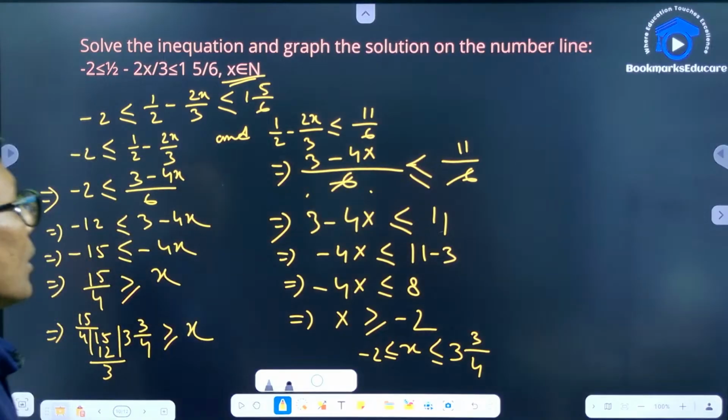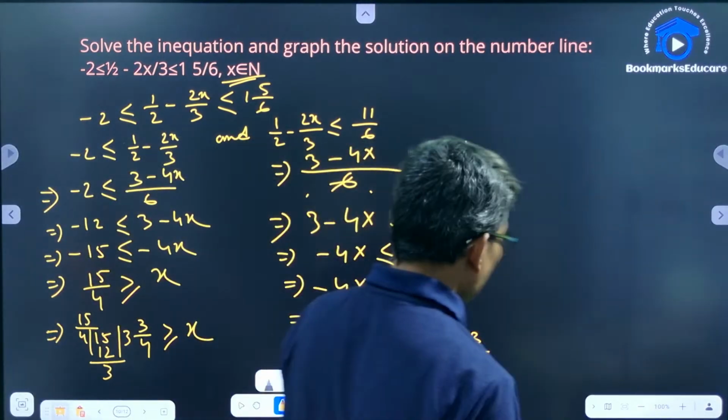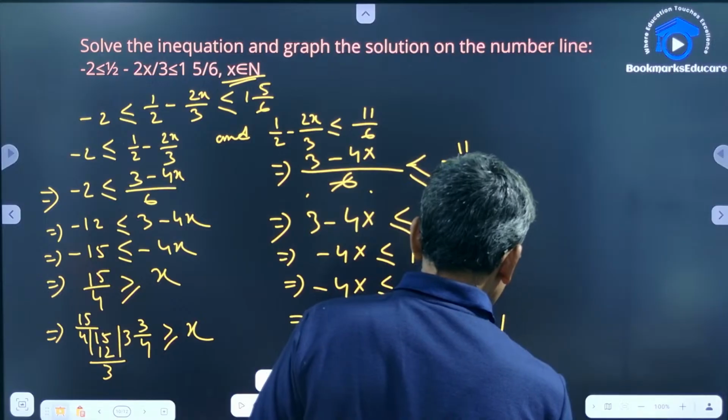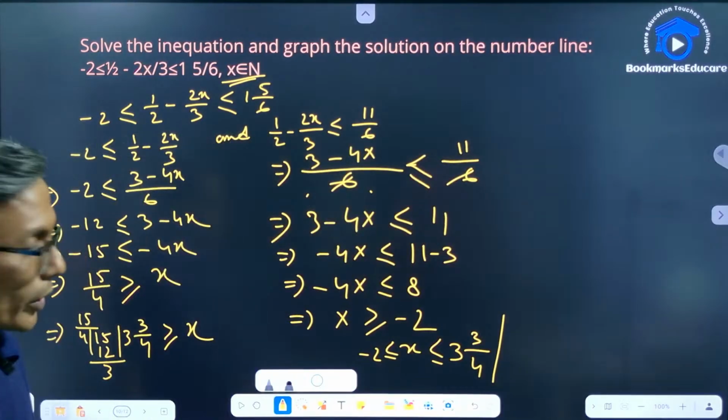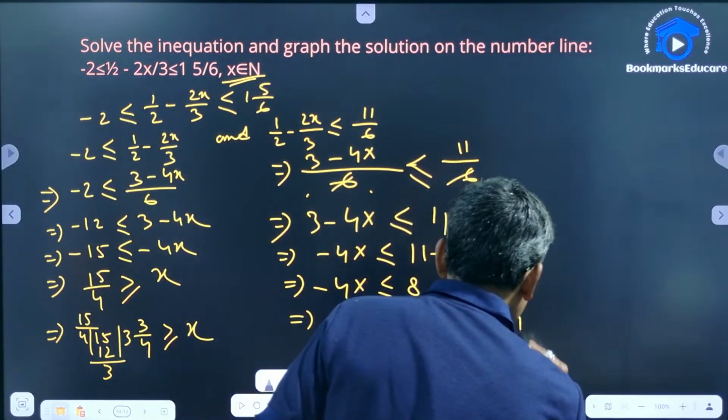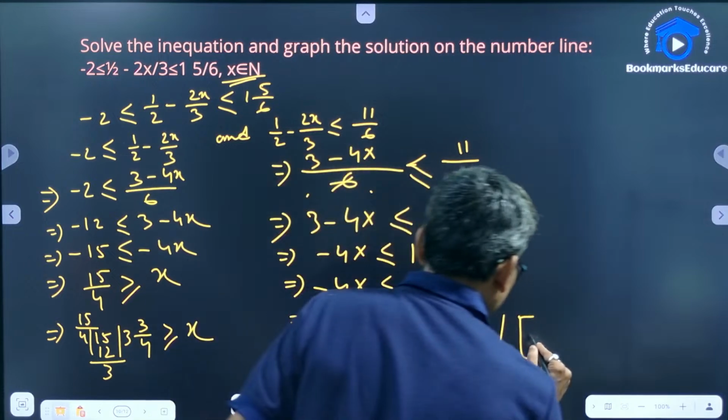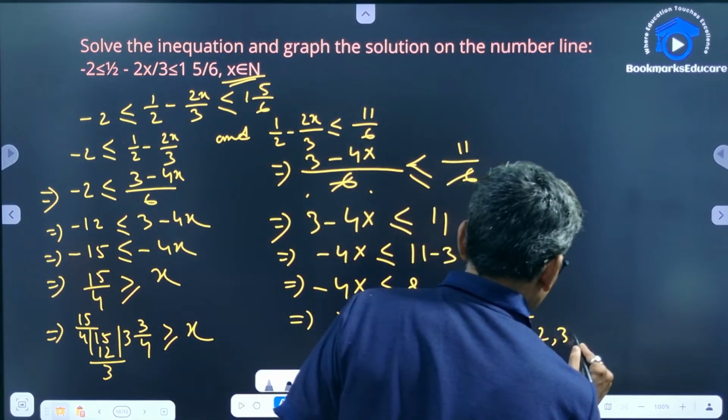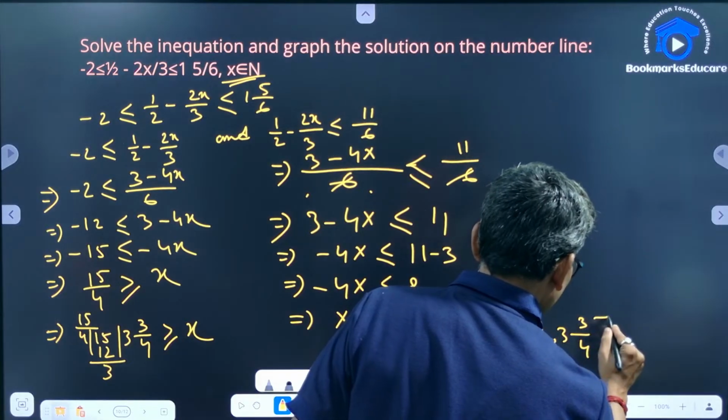And this can also be written in interval form, which is written as -2 to 3 whole 3 by 4.